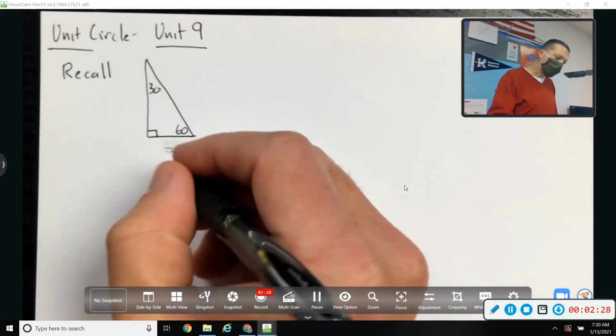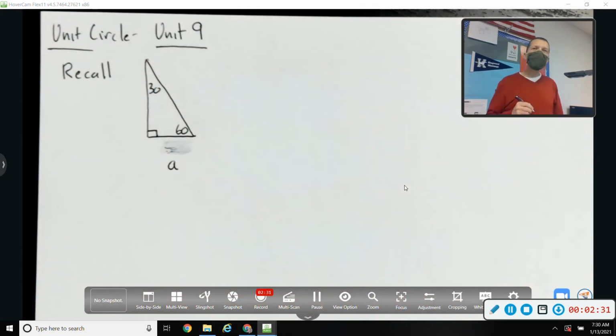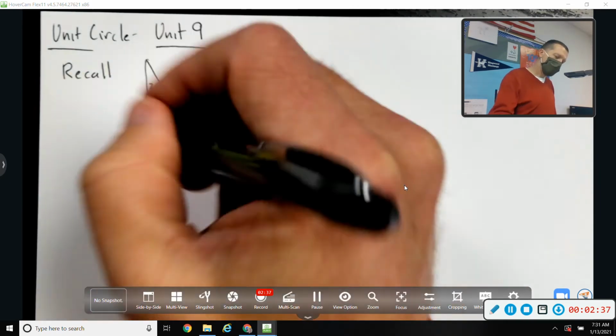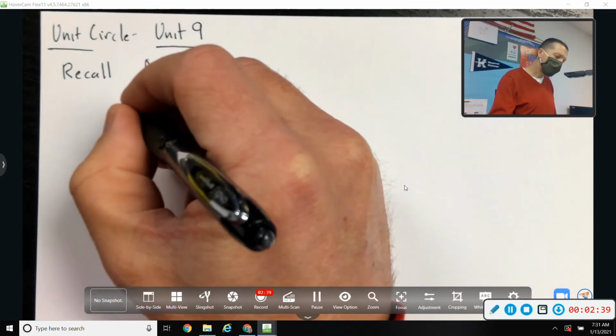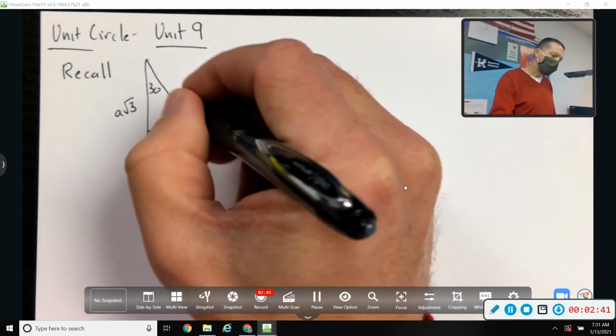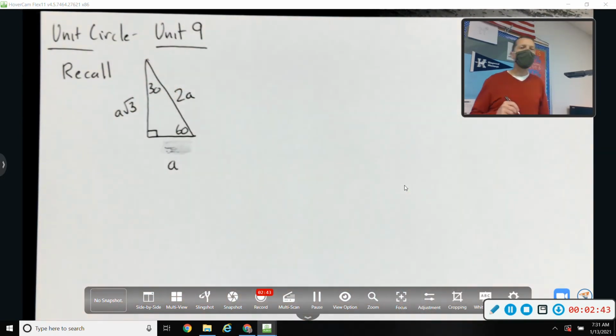Across from 30 is A. Jogging any memories? Across from 60 is A square root of 3. And the hypotenuse is 2A. And in geometry you had to memorize that, and you'd put a pattern on a triangle and use the pattern to find the missing sides. And we'll do that again in a moment.